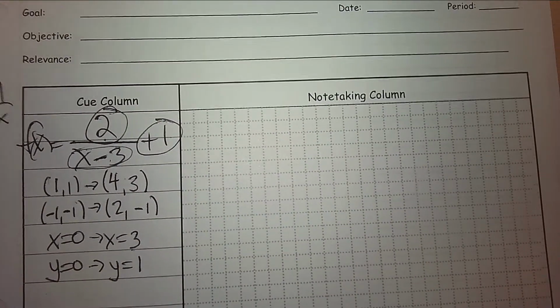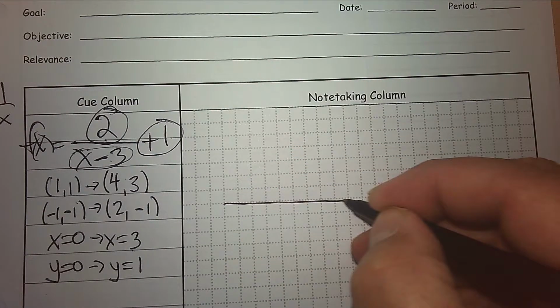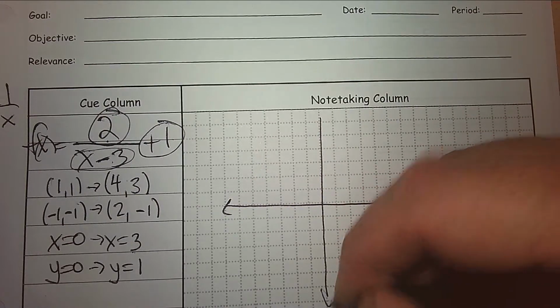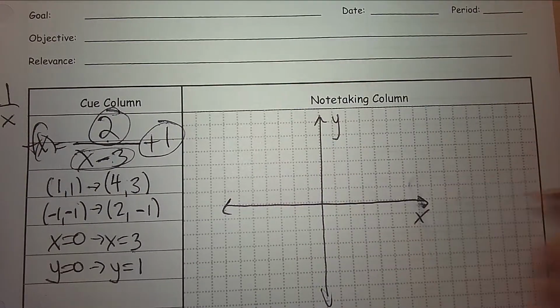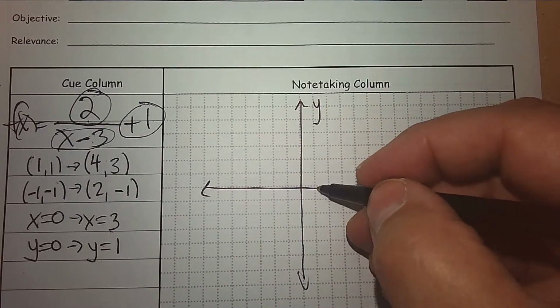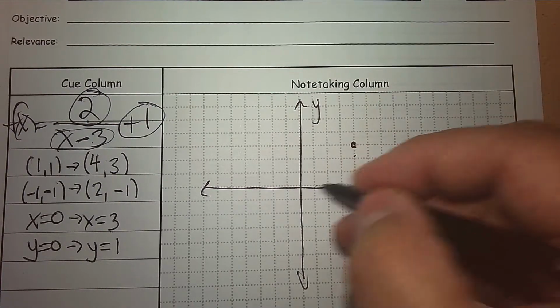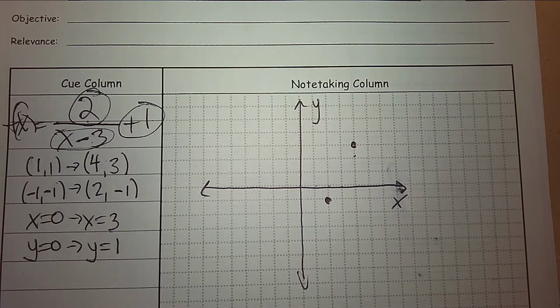Let's graph this. So when I graph it, I go to the point (4, 3). Remember, this is when it was easy. And then (2, -1).